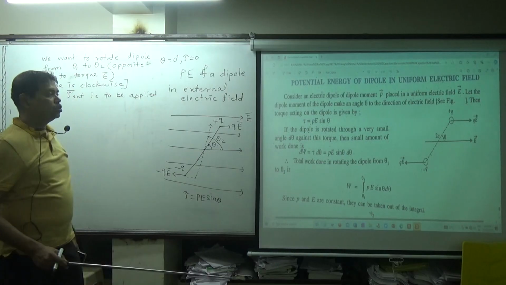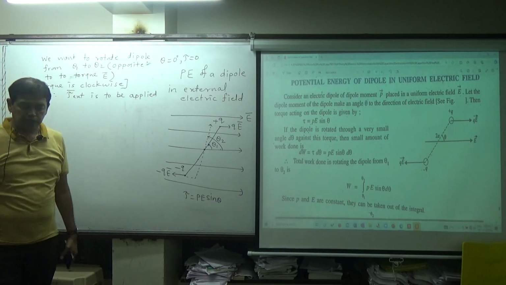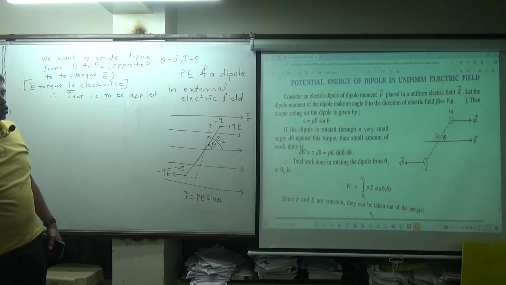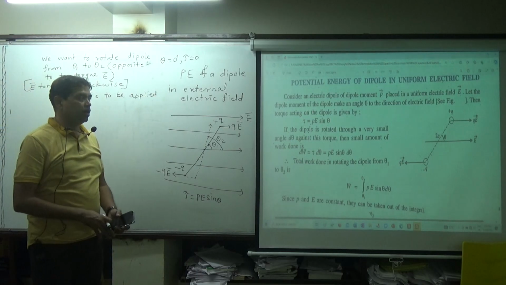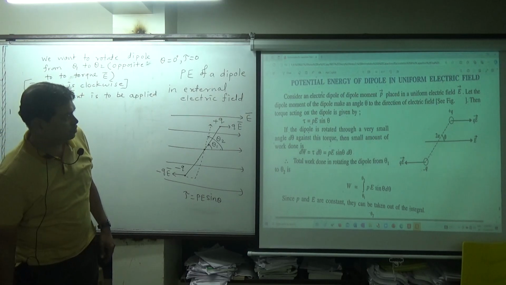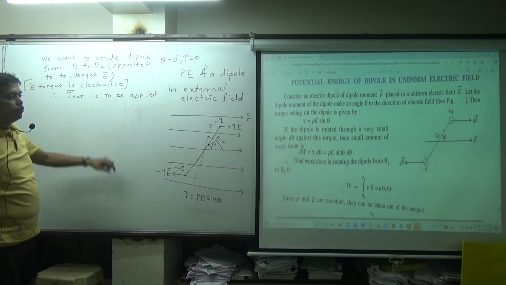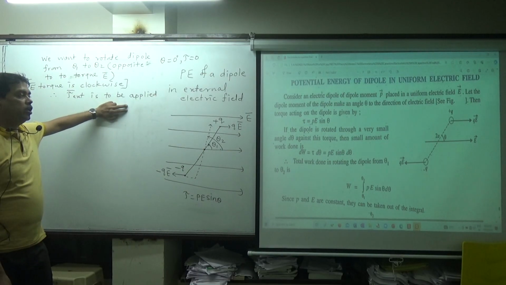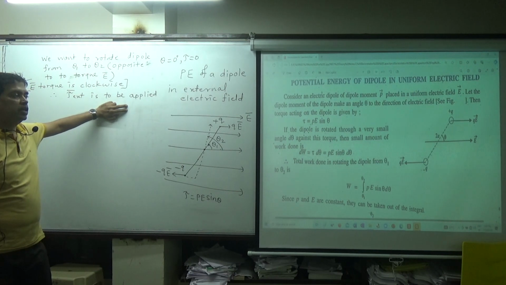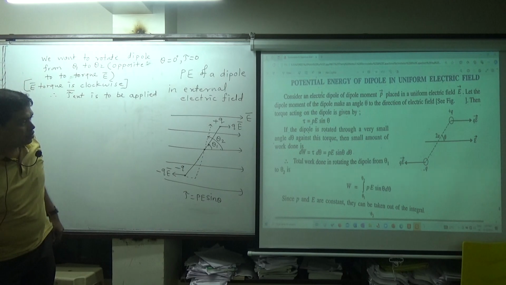If the dipole is rotated through a very small angle d theta against this torque, because there is a variable torque, it has to be solved by calculus.